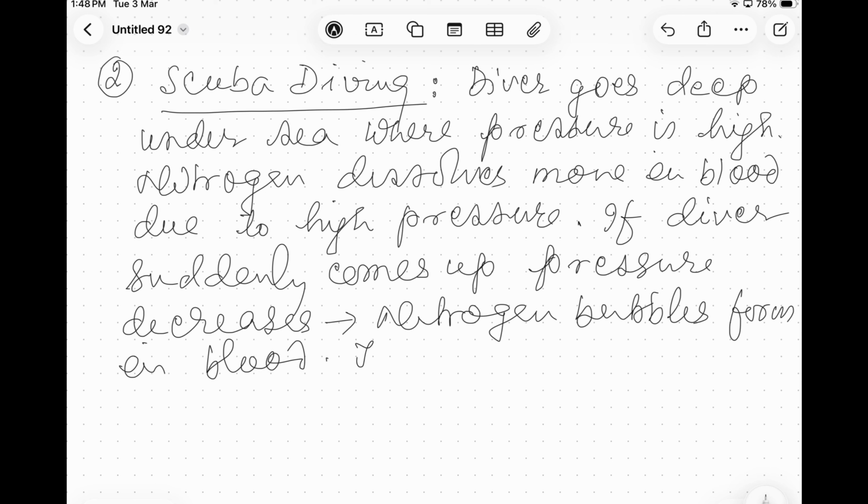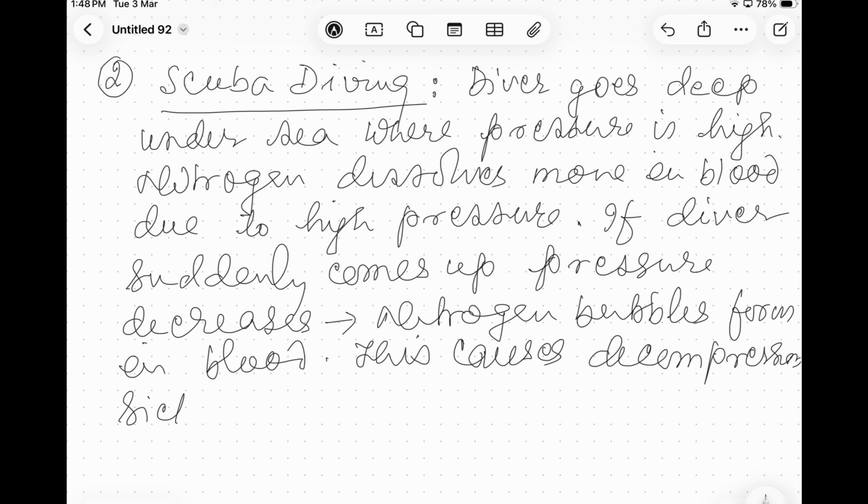This cause decompression sickness. Divers use a special gas mixture.